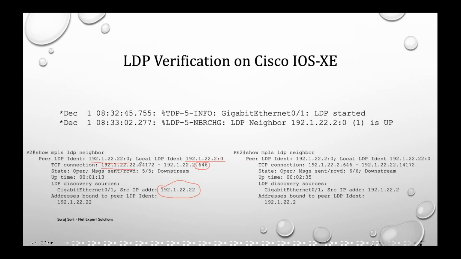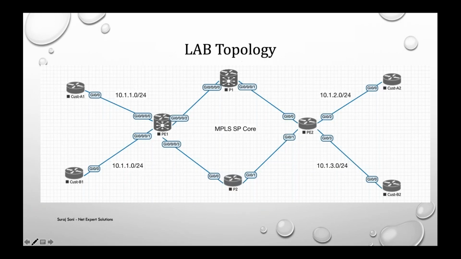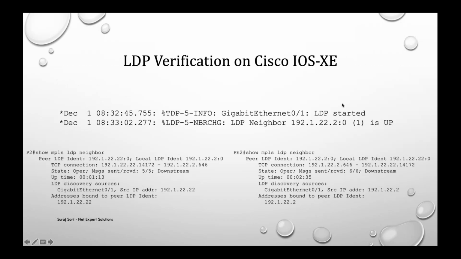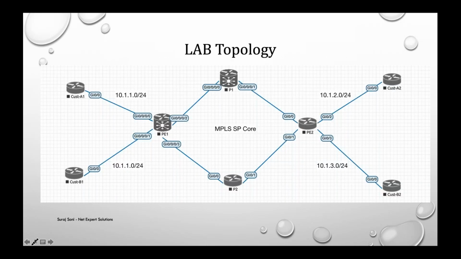My source port is 646, and the destination port number is 14172, which is a random port number, it can be anything. The same happens vice versa. This is the output from one side, and that is the output from the other side. If I go back to my topology, this neighborship is between those two devices.